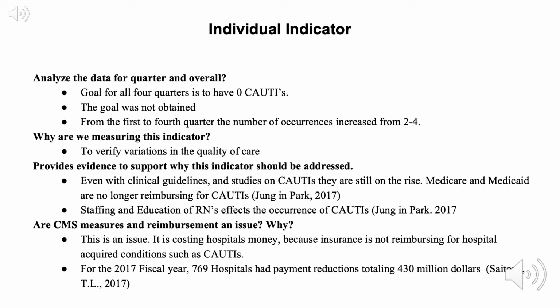Are CMS measures and reimbursement an issue, and why? This is an issue. It is costing hospitals money because insurance is not reimbursing the hospital for acquired conditions such as Cautis. One study found that for the fiscal year of 2017, 769 hospitals had payment reductions totaling $430 million.